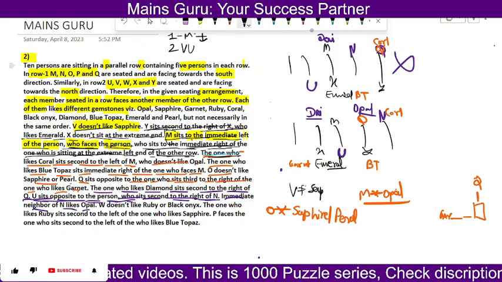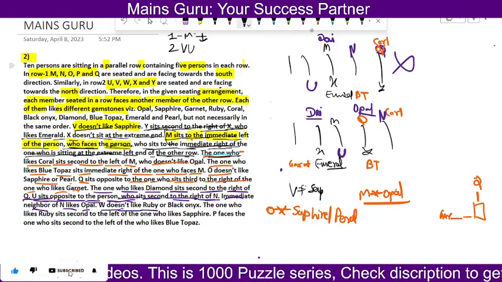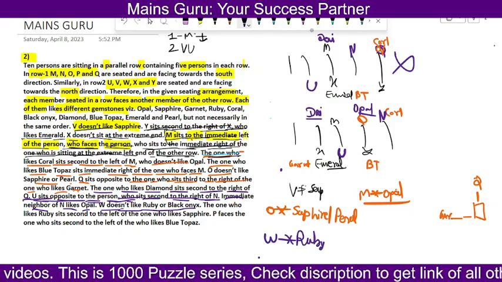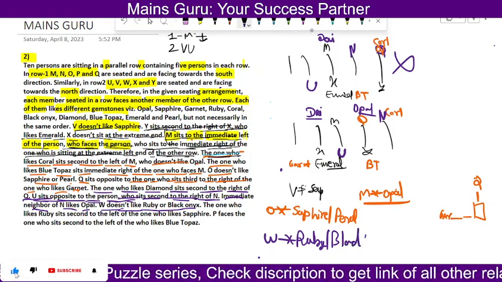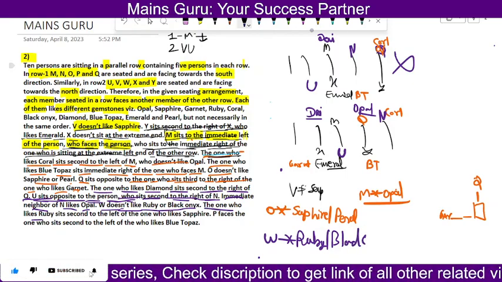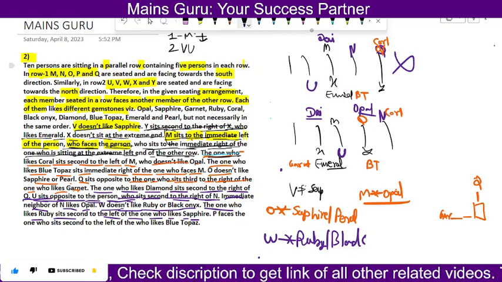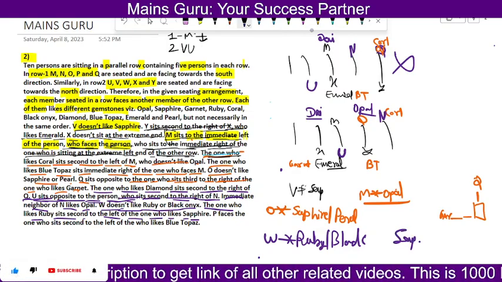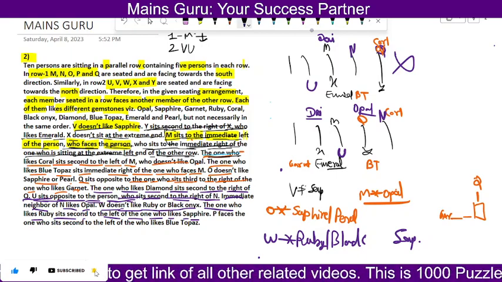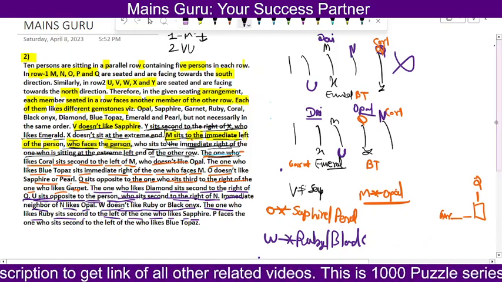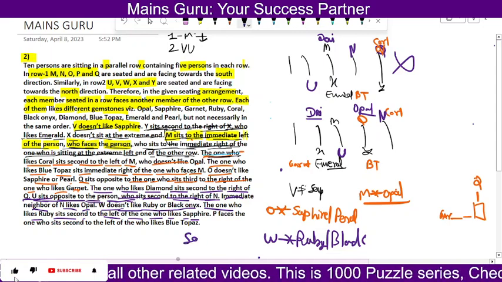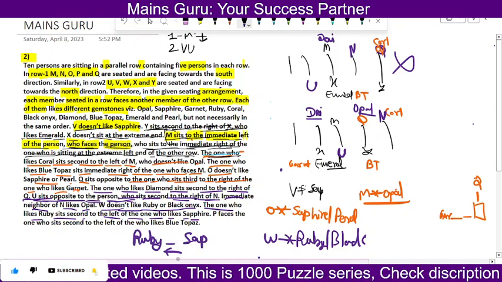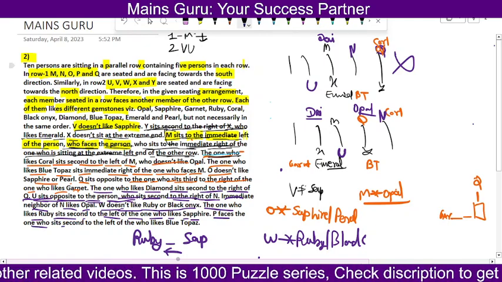Now after this, W does not like Ruby and Black. The one who likes Ruby sits second to the left of the one who likes Sapphire. So we can write here Sapphire, second left will be Ruby.